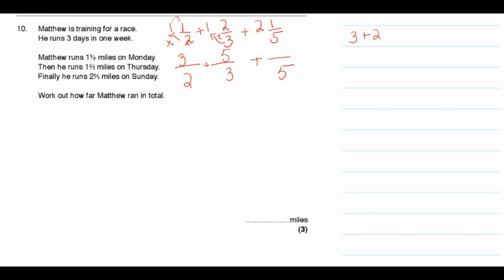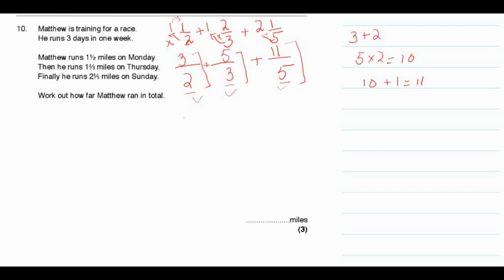Same thing for the third fraction: 5 times 2 is 10, and then you add 1, which gives you 11. Now look, we have changed all the fractions into improper fractions, where the numerators are bigger than the denominators.